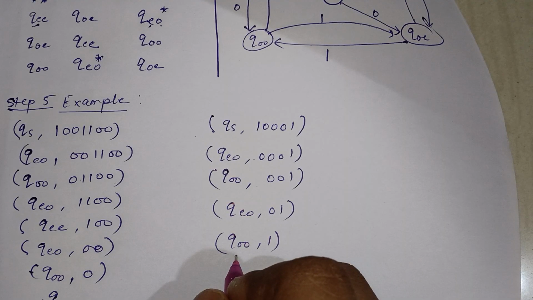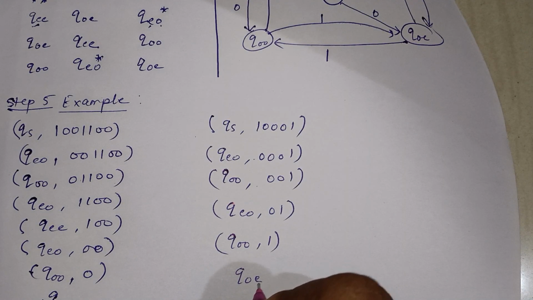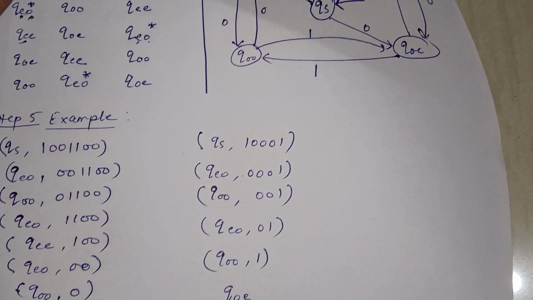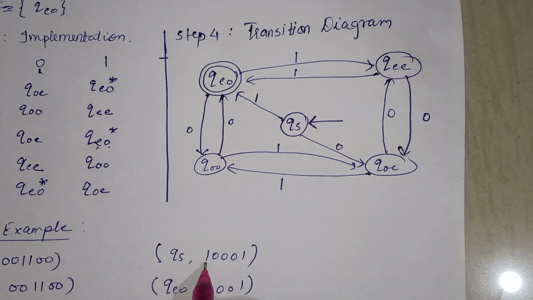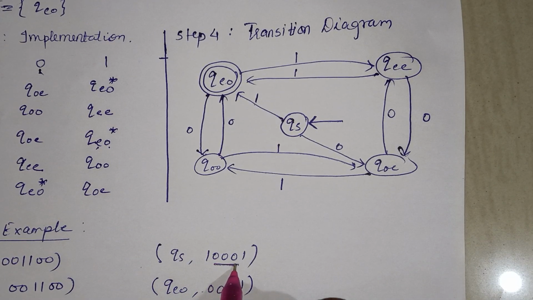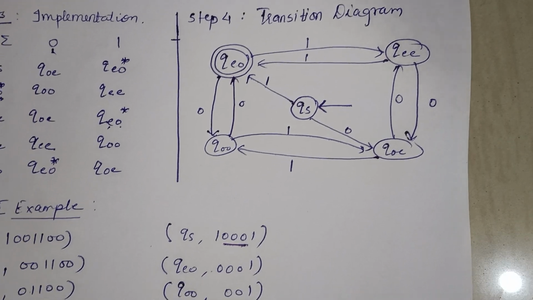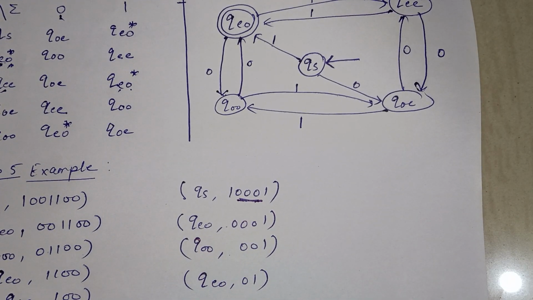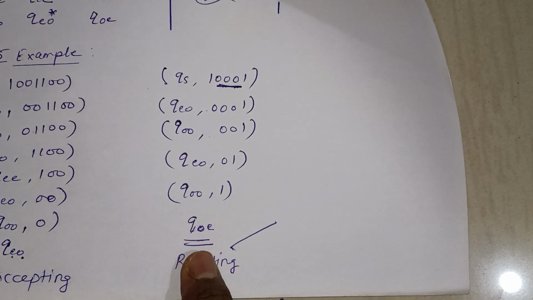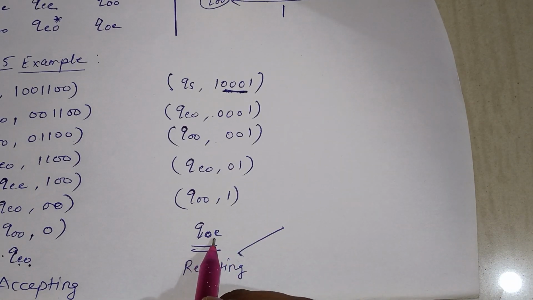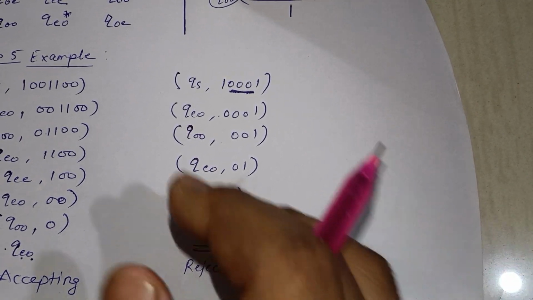When QOO receives 1, it goes to QOE. Since QOE is not a final state, it is rejecting. As you can see, it contains an odd number of zeros. That's why it is rejecting. You can cross-check this answer: QOE means odd number of zeros and even number of ones. Yes, it is going to the state QOE, which contains an even number of ones, meaning our solving is correct.